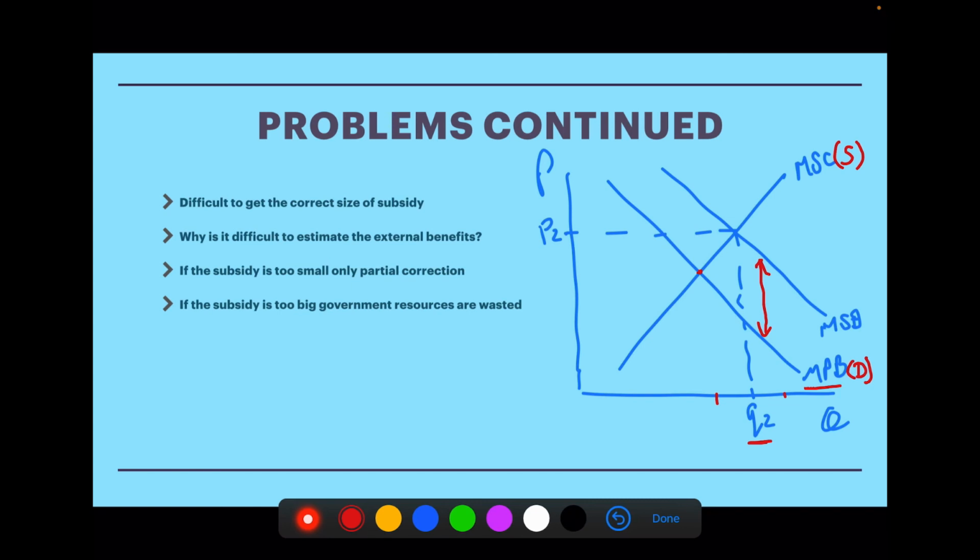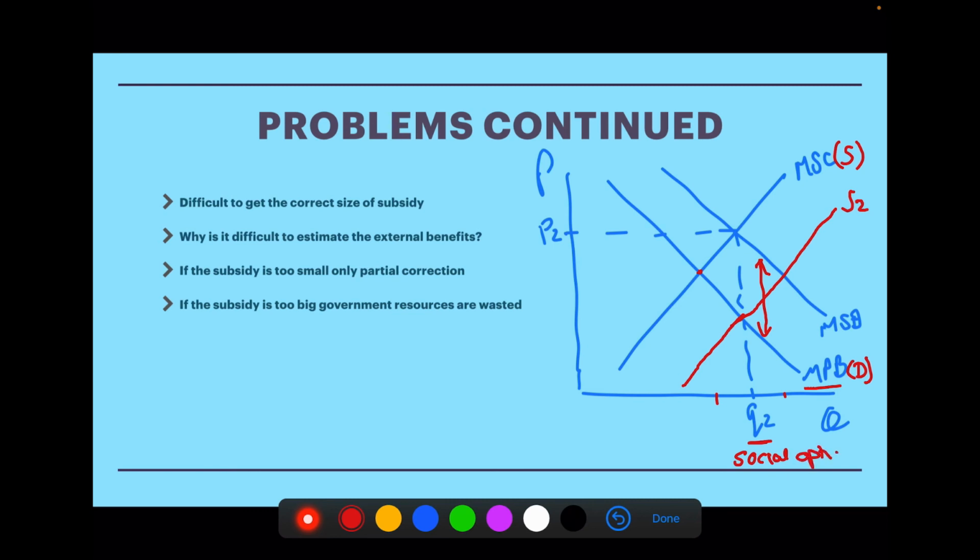The subsidy shifts the supply curve to the right, and what we need to do is shift the supply curve to the right so that we get to Q2. So that would mean we need to shift it, oops, not quite gone through the right place, but nearly, we need to shift it here so that we go through Q2, so that our new quantity is Q2. So we've got to get the exact size of the subsidy so that we find ourselves at Q2, which is the social optimal.